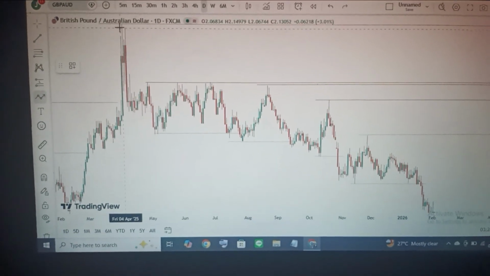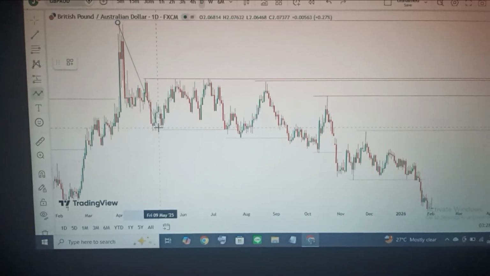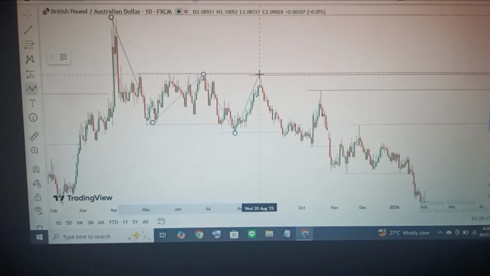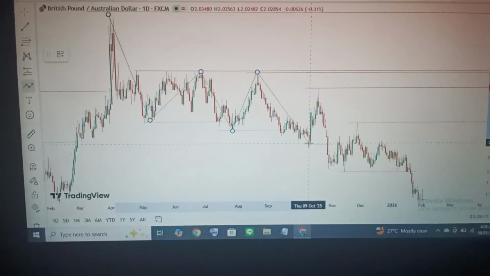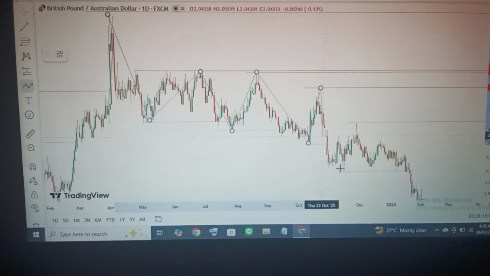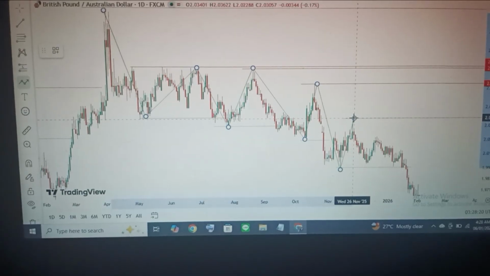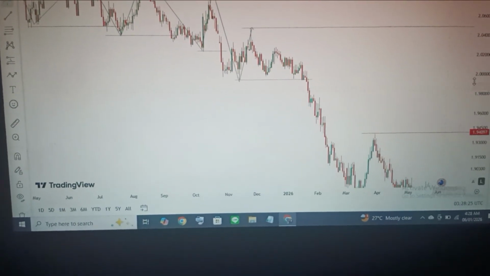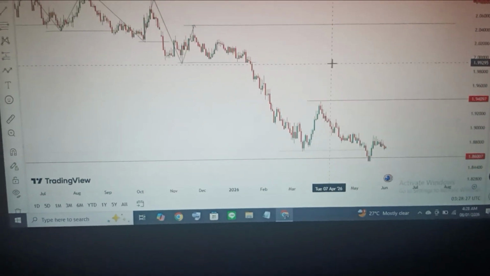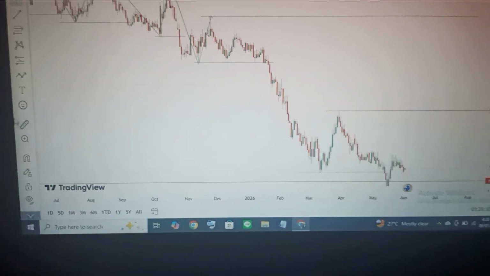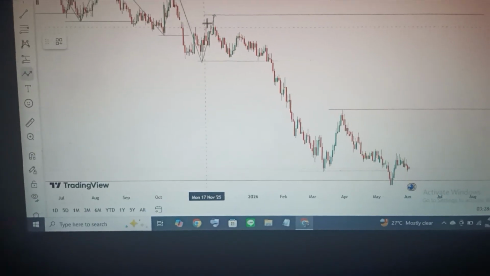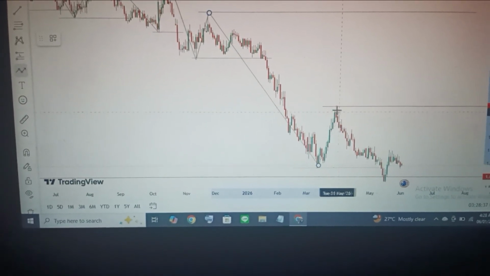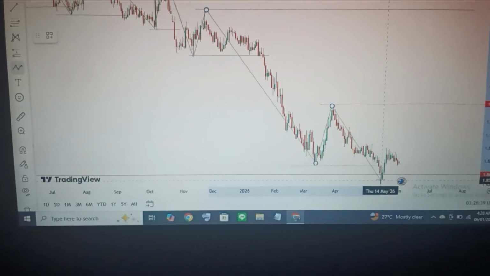Now what we had here is the market become like we had this low, which is still maintaining the high, low, high, low, high, low, high, low, high, low.